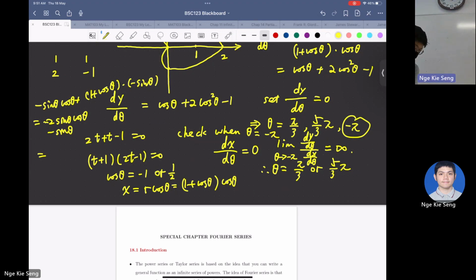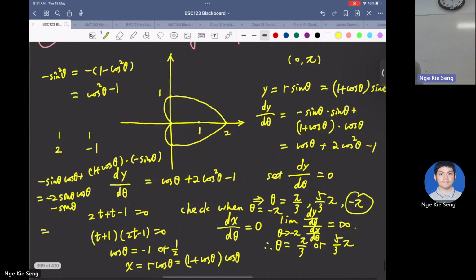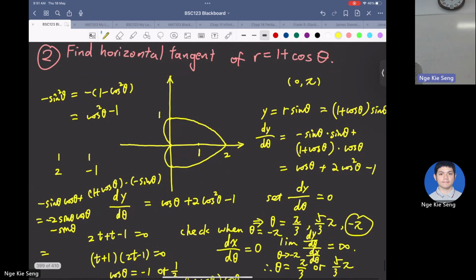I mean, actually, I don't consider the period. So okay, but minus pi is not in 0 to 2 pi.